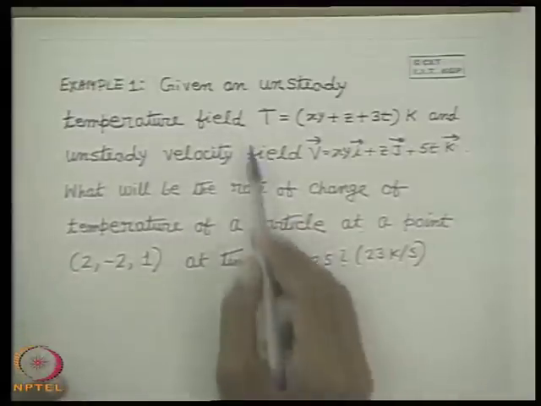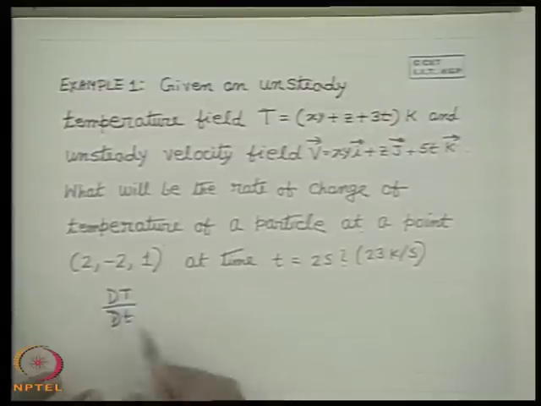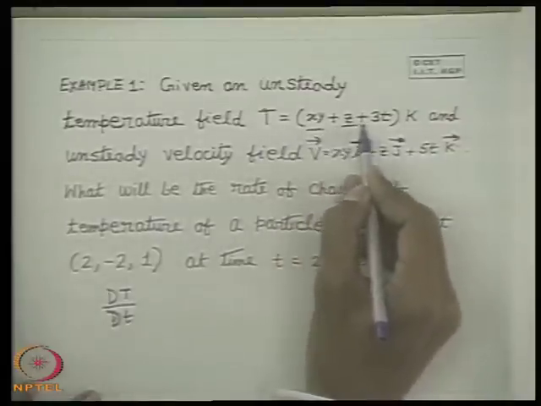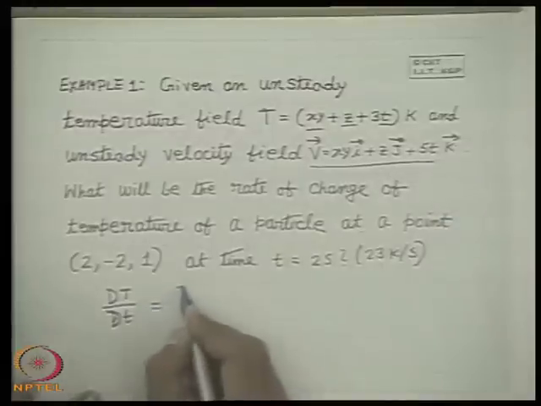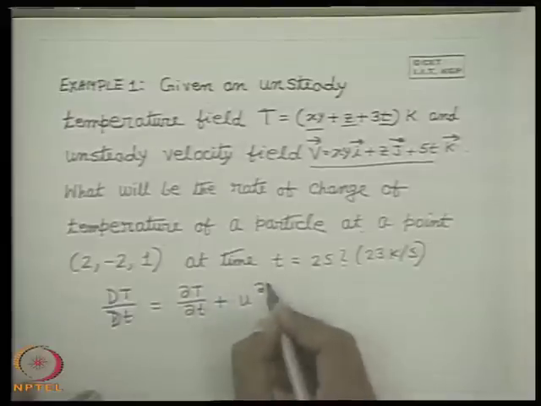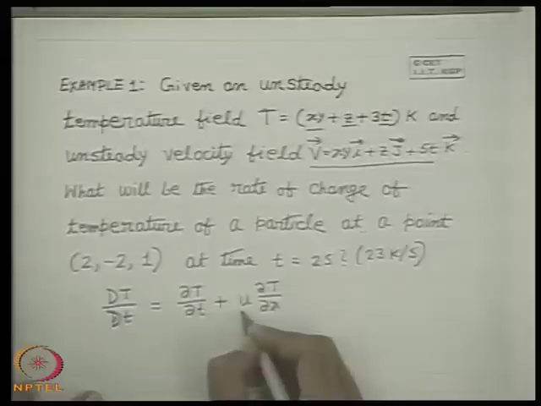substantial derivative. Now in a flowing field, the rate of change of temperature DT/Dt, where big T is the temperature in Kelvin, is a function that varies with x, y, z and time, and this is the velocity field. It can be written as del T del t plus, you know that this is the temporal change, and this is the convective change, del T del x into dx dt, which is u.